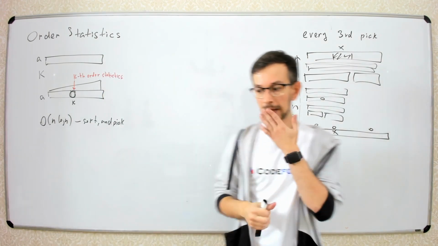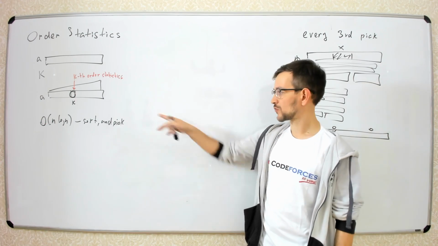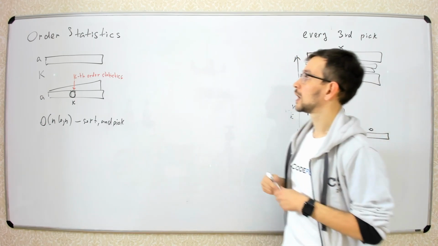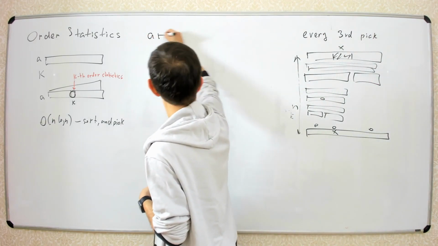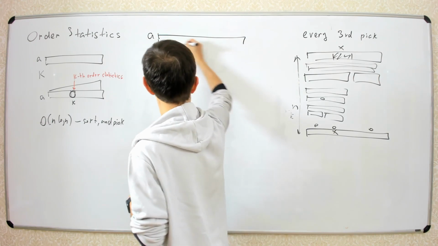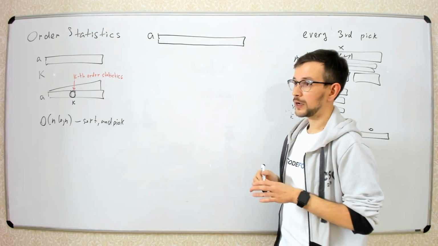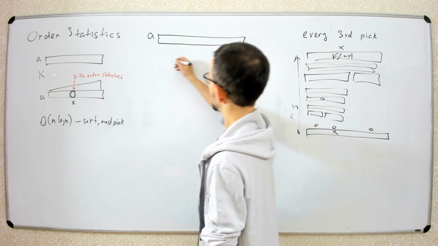Good. Now we'll discuss the randomized algorithm, which works faster than this time complexity. The algorithm works like this. You have the array A. Again, like in the Quicksort algorithm, let's pick some random element x.